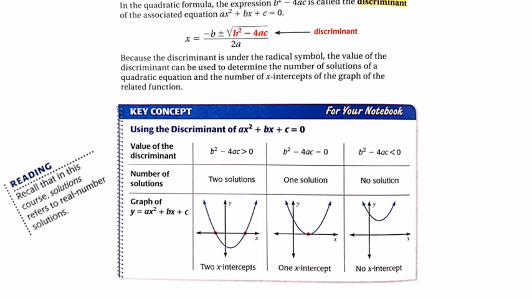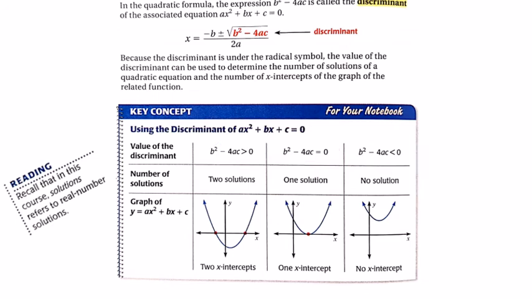Because the discriminant is under the radical symbol, the value of the discriminant can be used to determine the number of solutions of a quadratic equation and the number of x-intercepts the graph of that function should have. So we are going to be looking at our three different options here and what that means.